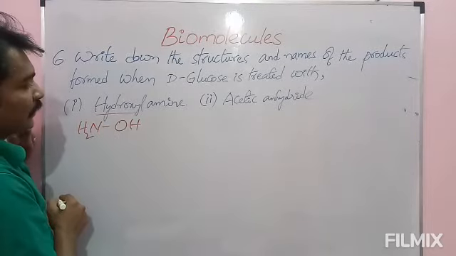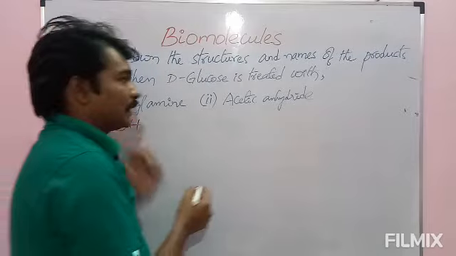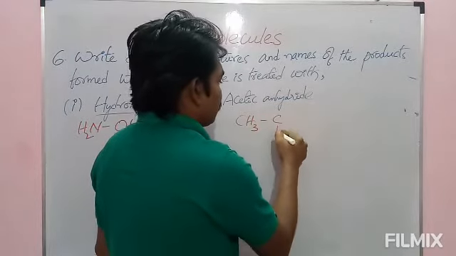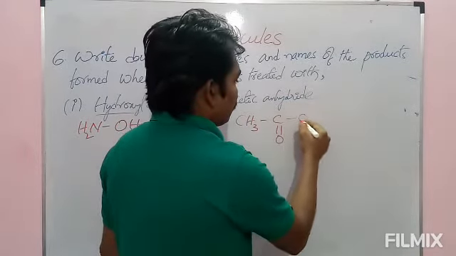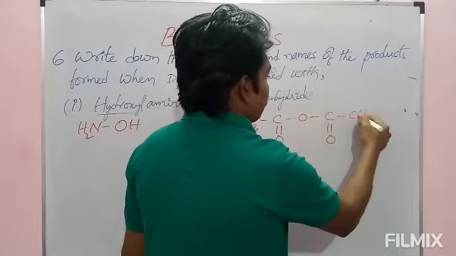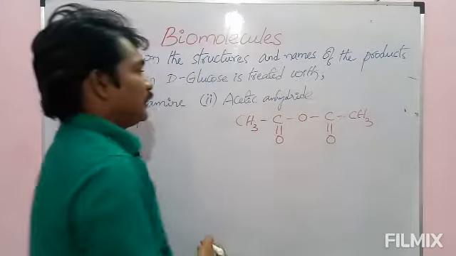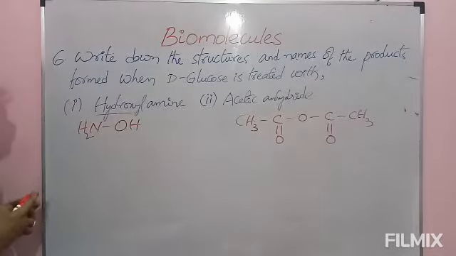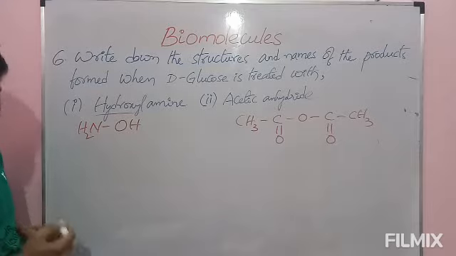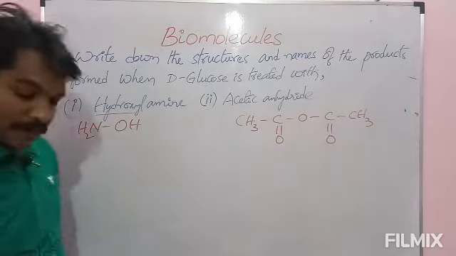OH-NH2. And acetic anhydride, you know very well about this one: CH3-C double bond O, single bond O, C double bond O, CH3. Now we are going to treat D-glucose with hydroxylamine and acetic anhydride. First we will see this one.